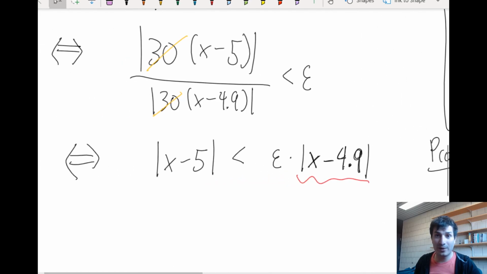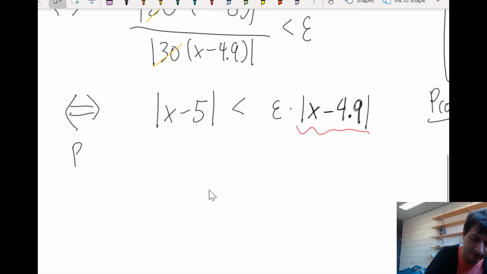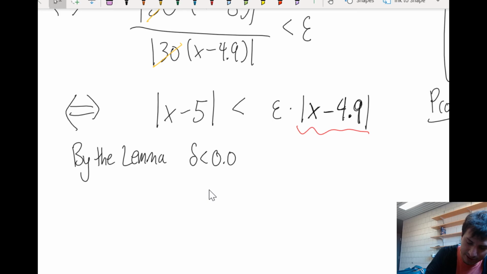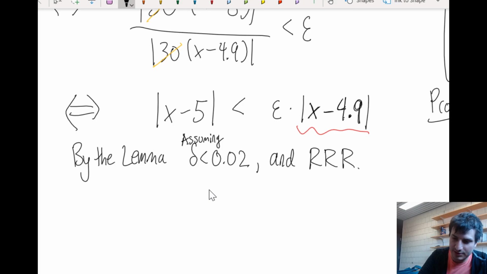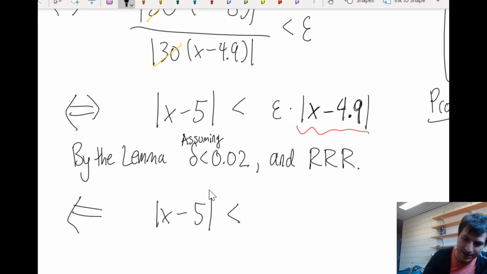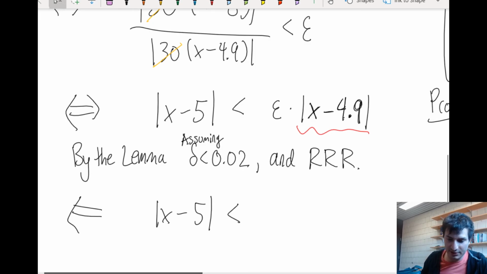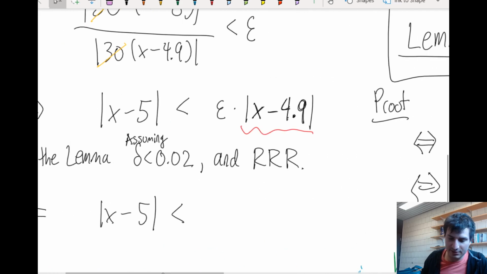Okay, so by the lemma, the lemma only works when delta is less than 0.02, we said. Now, by the lemma, assuming delta is less than 0.02 and the right replacement rule, so we can replace things on the right, we get x minus 5 is less than, and what was the b value again? The b value was 0.08.